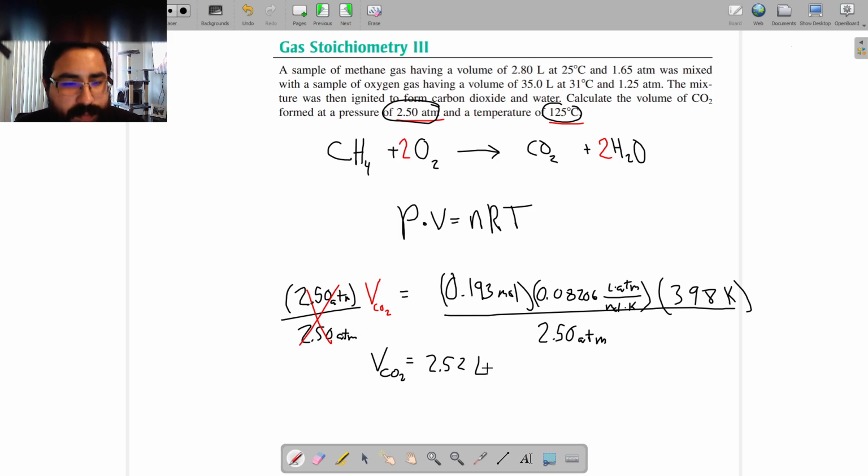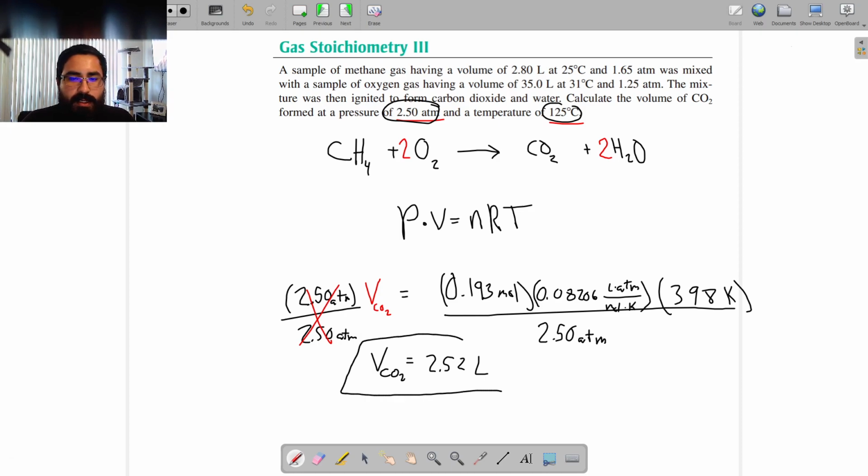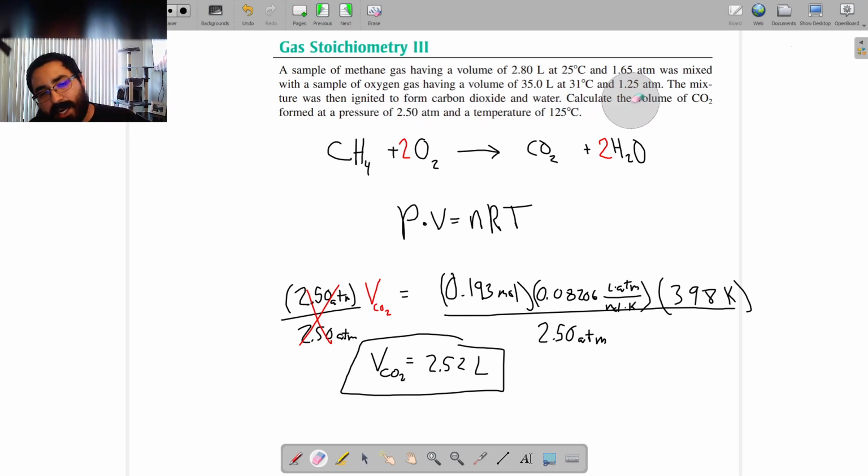It's probably right. Hold on, 0.193. I did it earlier and I got a different number. I know something's a bit off. Divided by 2.50. 2.52 liters is what I get. All right, excellent. So that's how many liters of CO2 we made from this reaction.